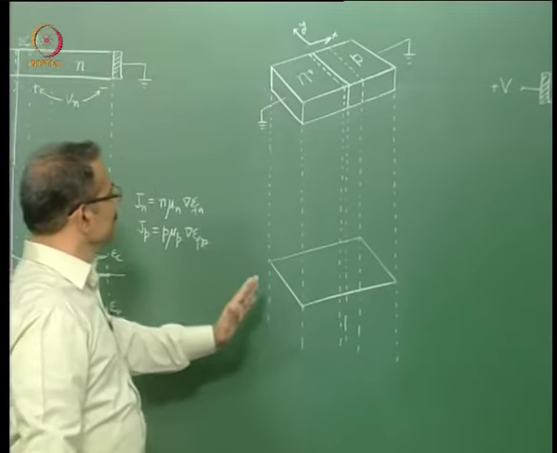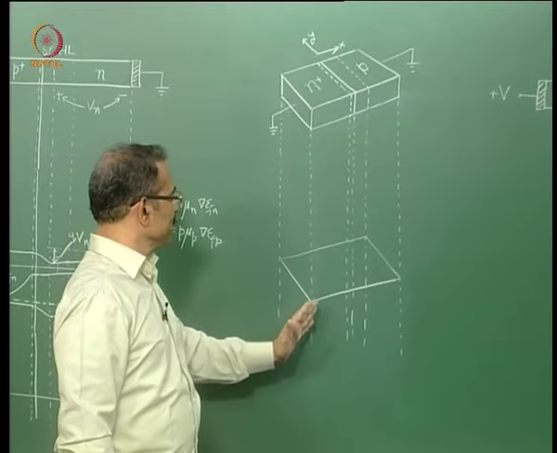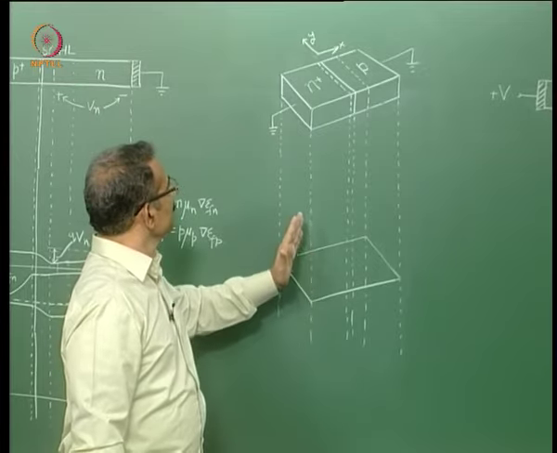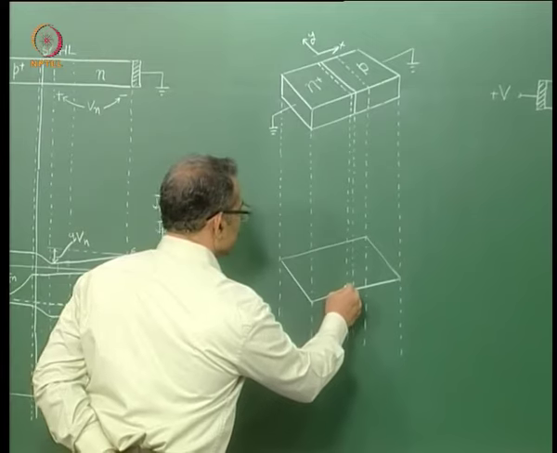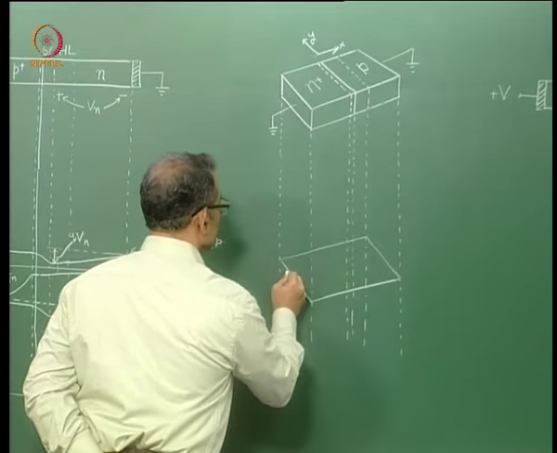Now let us sketch EC and EV surfaces. Let us start with the EC surface on the N side. So EC is above the Fermi level.